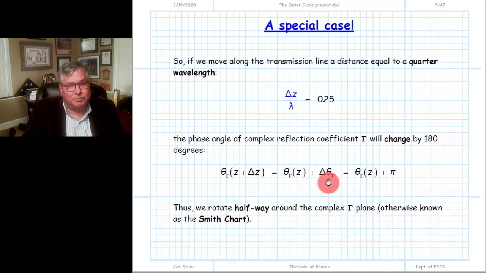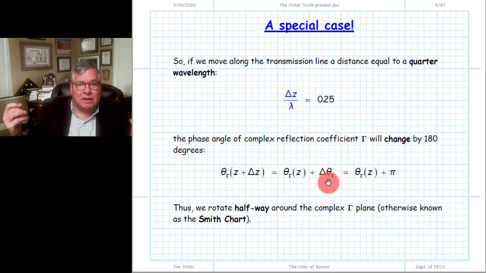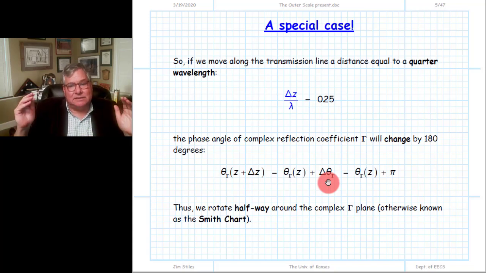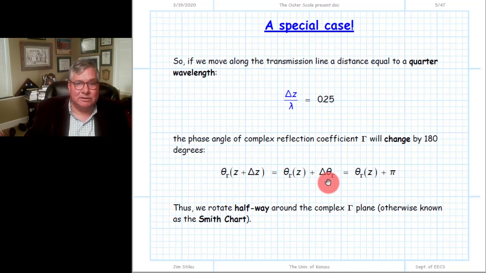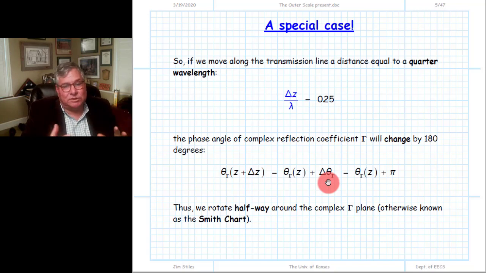And of course, this was a special case that we talked about. Likewise, if we were to move along the transmission line a distance where delta Z over lambda is equal to 0.5, 1/2 lambda, in that case the change in phase angle would be 2 pi radians, or 360 degrees. We simply rotate all the way around the Smith chart and come back to where we started. And this again was a special case.